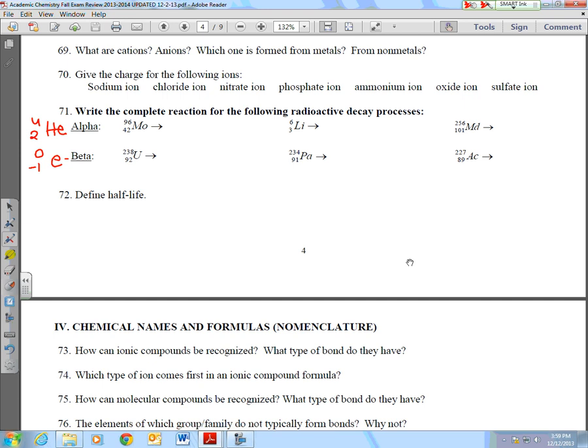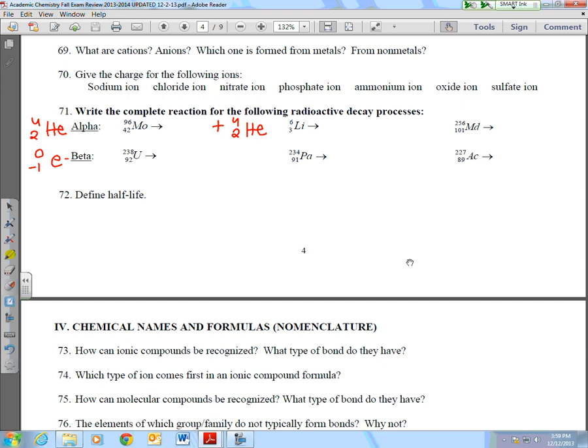So you have to show me both in the reaction. Okay, so since it tells me this is an alpha decay reaction, I want to show my alpha particle being formed. But then I also need to show this new, more stable isotope. Well, how do I figure out what that is? By subtracting, really, okay?